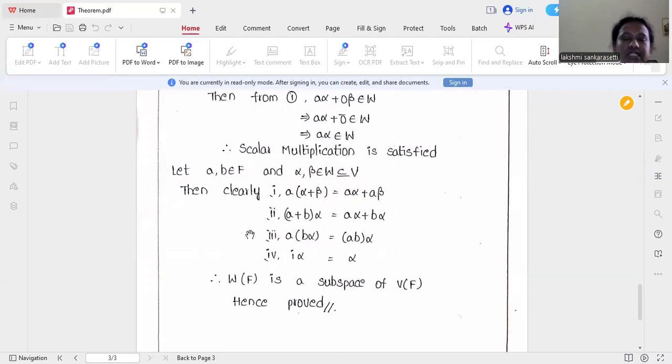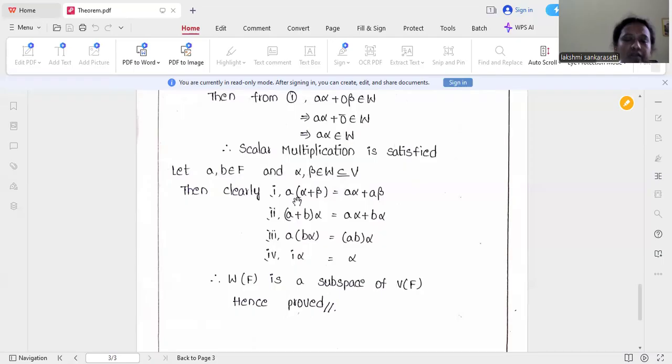Now, the third stage of the vector space definition is the postulates. If these four postulates hold in the subset W of V, then we can complete the proof that W is a subspace of V over F. Further, select any two scalars A, B belonging to F and alpha, beta any two vectors in W. We know that W is a subset of V, so all the elements of W are elements of V also. And in V, we know that for all vectors alpha, beta and scalars A, B belonging to F, the four postulates hold clearly.